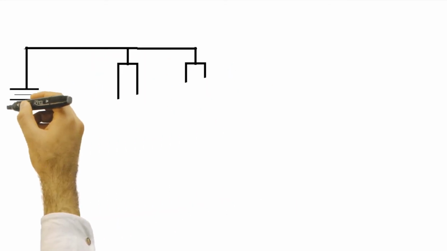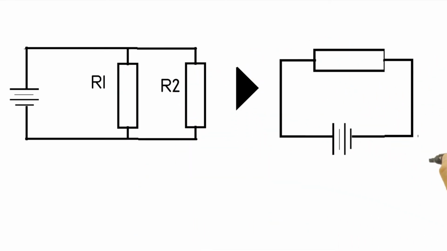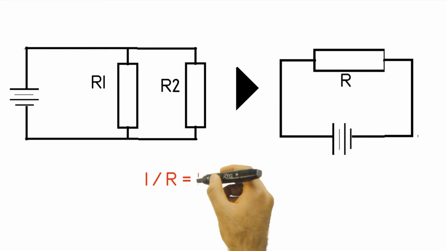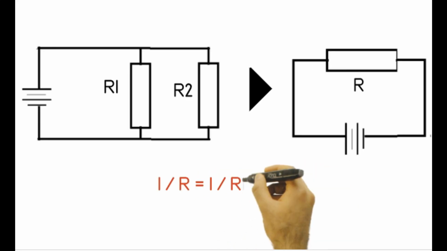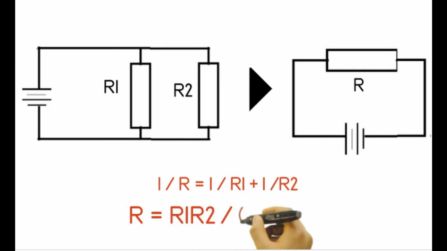Thus, two parallel resistors, R1 and R2, can be replaced by a single equivalent resistor R, which can be calculated as 1 over R1 plus 1 over R2. This can also be written as R is equal to R1 times R2 divided by R1 plus R2.